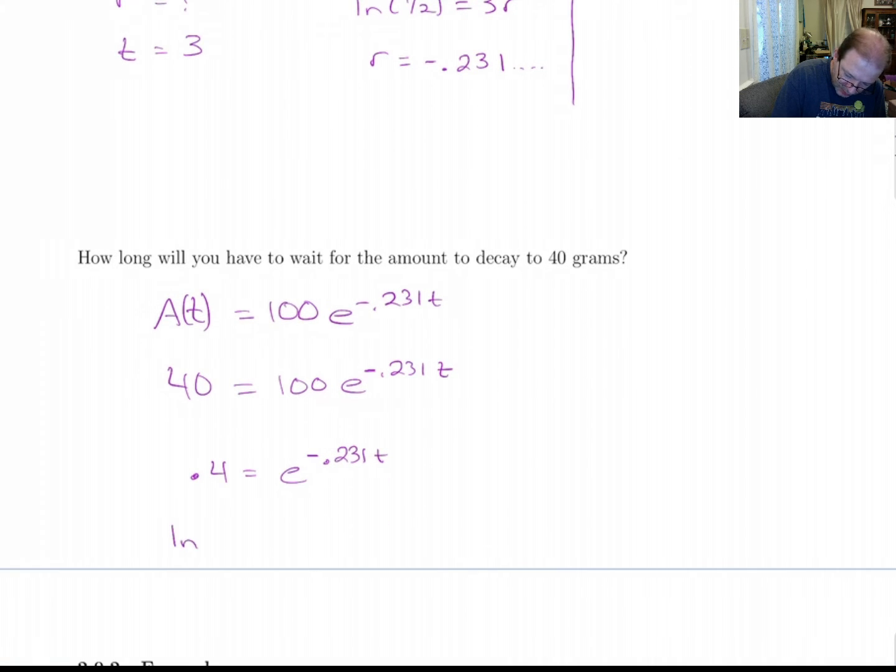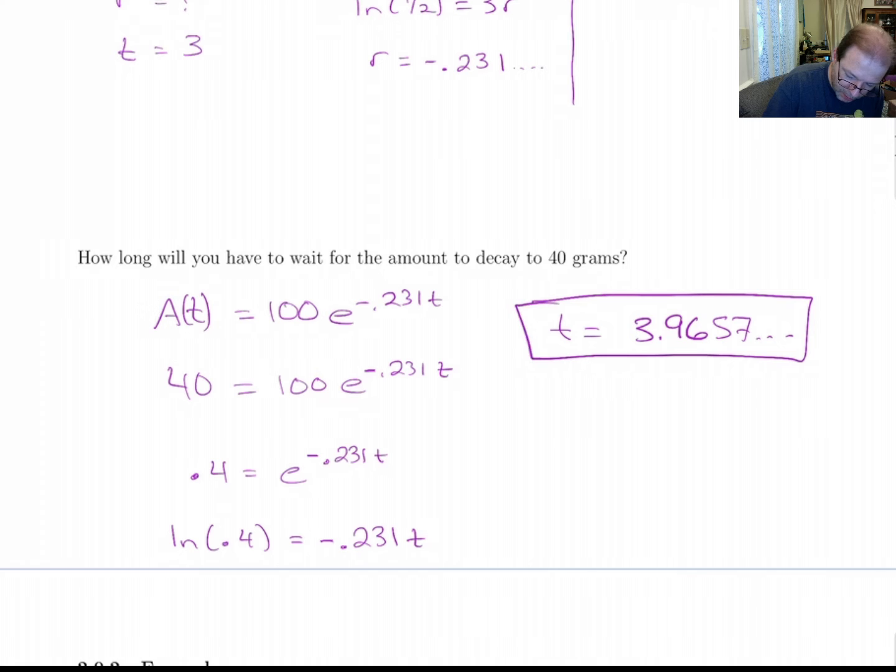Natural log both sides of this. And so you get t equals natural log of 0.4 divided by negative 0.23104 90602. So 3.9657, blah, blah, blah. So that's how long it would take to wait to decay to 40 grams.